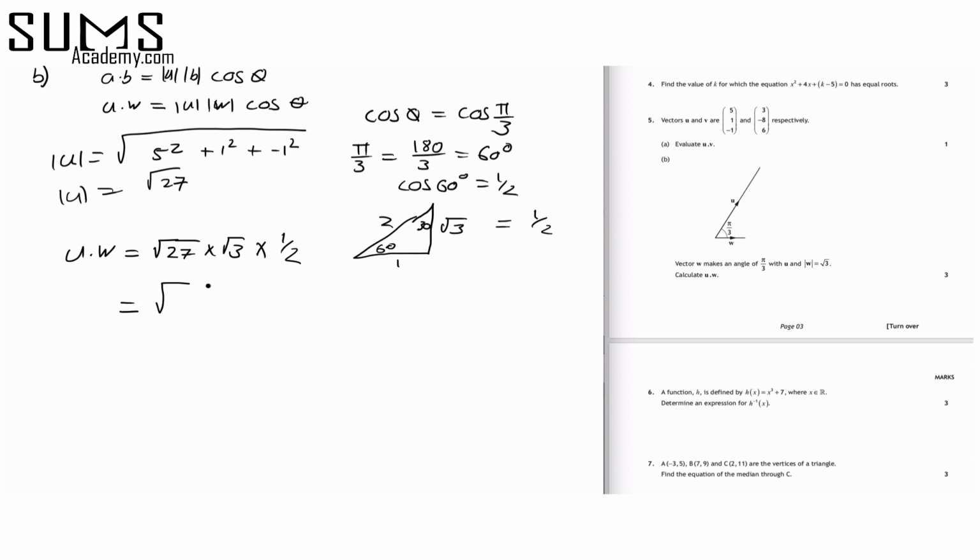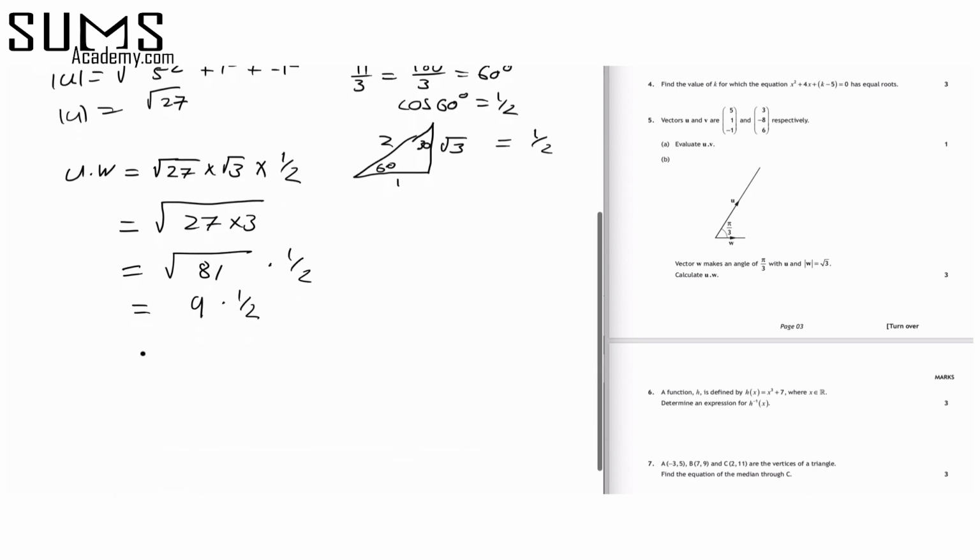Well, root 27 times root 3 is the root of 27 times 3, which is 81, times 1 over 2, and you should know the root of 81 is 9, so it's 9 times a half. So the final answer is 4.5. Right, and that's your final answer there.